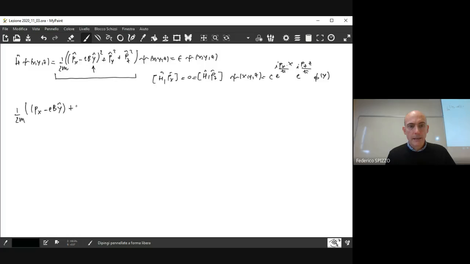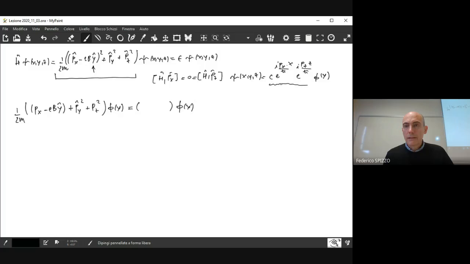Then I have plus Py squared operator plus Pz squared, a value, applied to the wave function related to the Y coordinate, and this is equal to, I just leave here a parenthesis for the energy, and then the phi of y component. I have simplified this part of the wave function, which is found both on the right side and on the left side of this equation, so I have simplified the phases here.